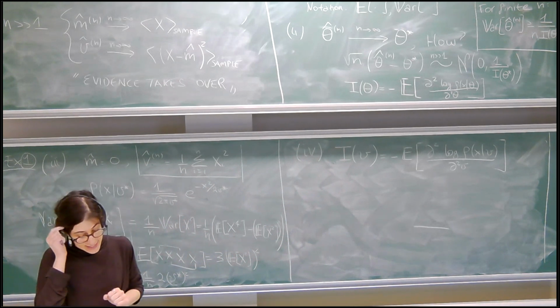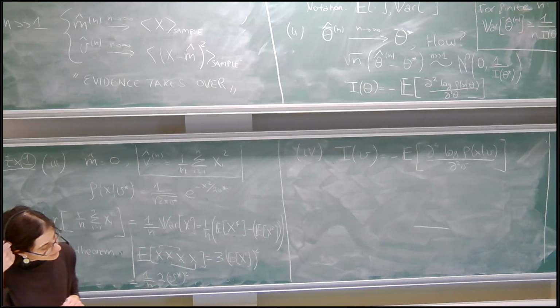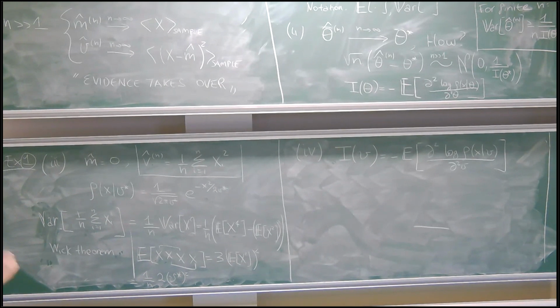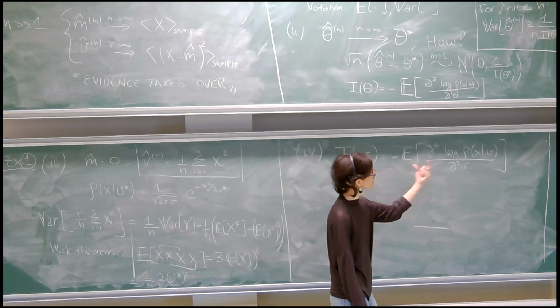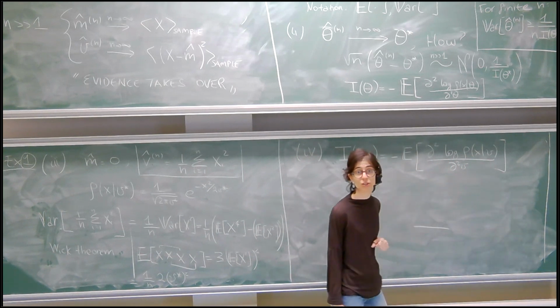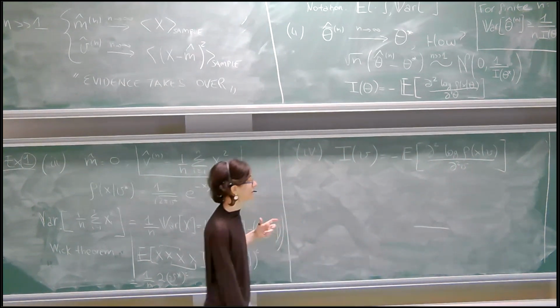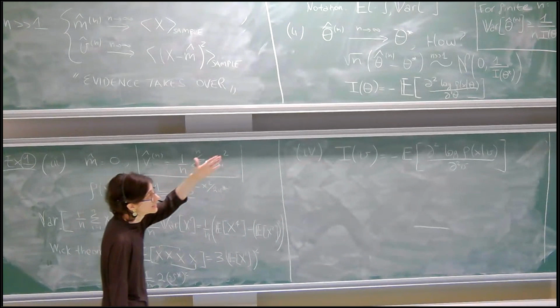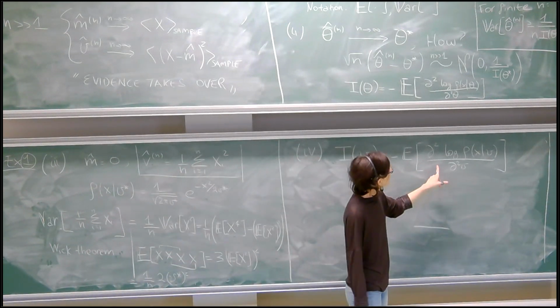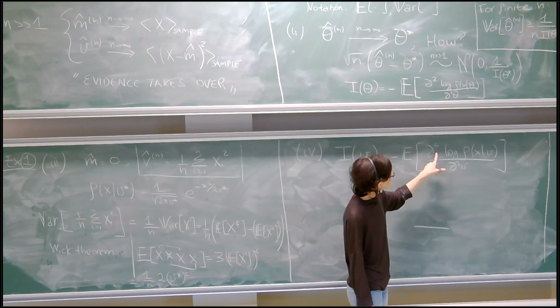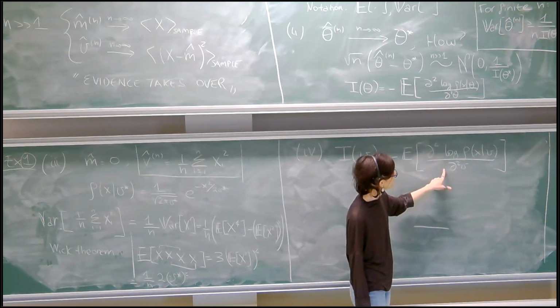And the idea is that you can interpret this Fisher information as a measure of how much your model, so your distribution, is informative. And indeed, this is what the name is suggesting. And why is it so? Well, if you have no prior, what you see is that this is a second derivative.